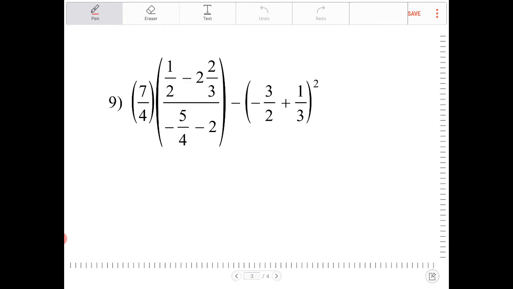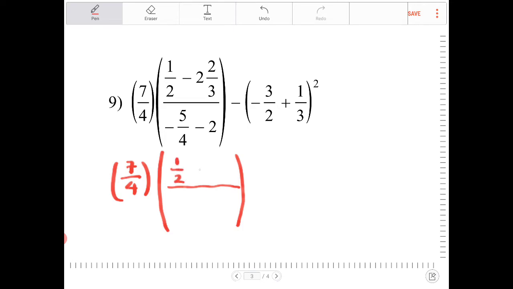All right, so in this case here, again, I'm going to go inside the parentheses. In the first set of parentheses, there's really nothing for me to simplify. The second set of parentheses, I want to simplify the numerator and the denominator by creating improper fractions wherever it's needed. So I have 1/2 minus 8/3, and the denominator is negative 5/4 minus 2.